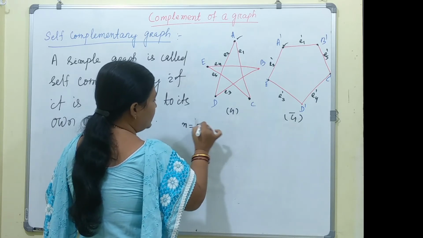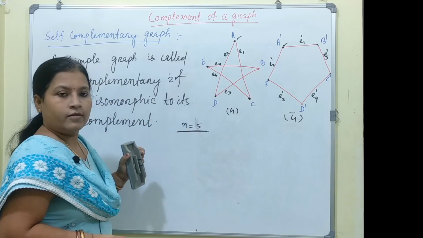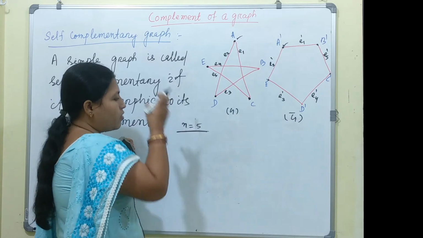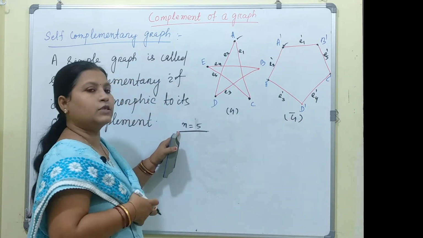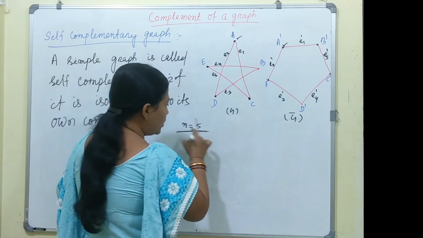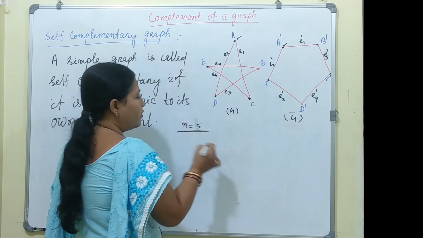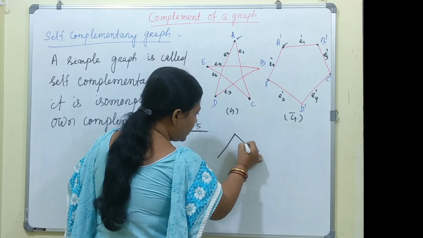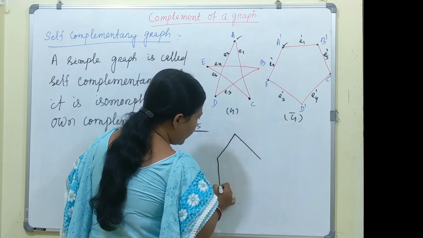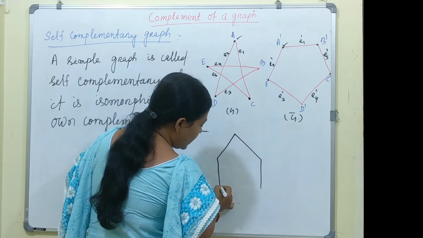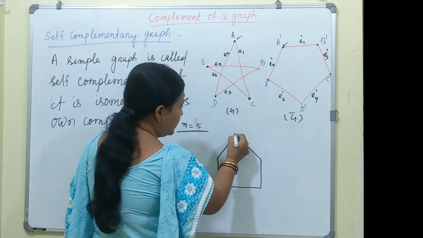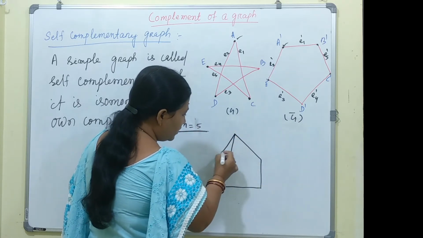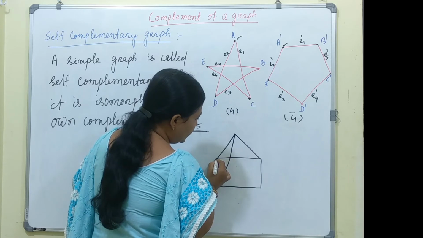Now we will find the complement of this complete graph. First draw the complete graph with 5 vertices, that is the K5 graph. So we take 5 vertices and draw the complete graph.